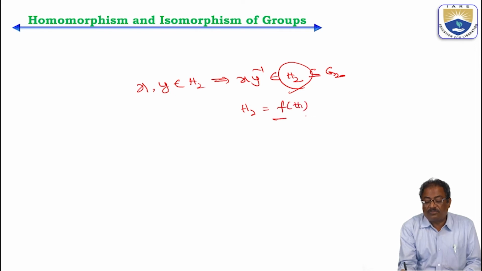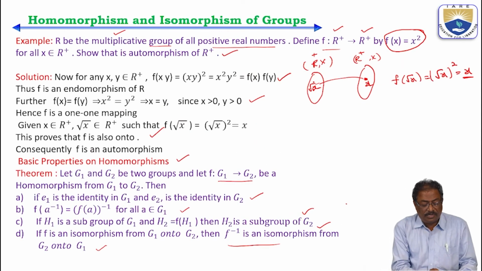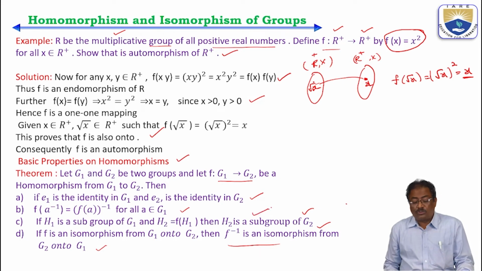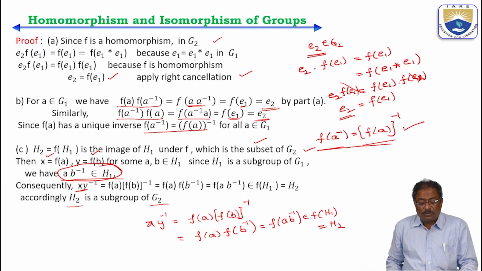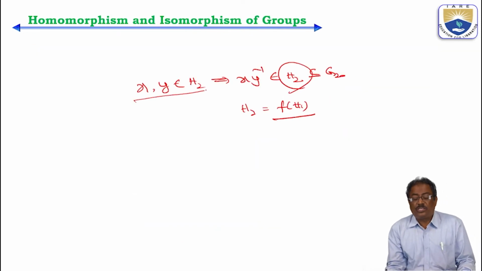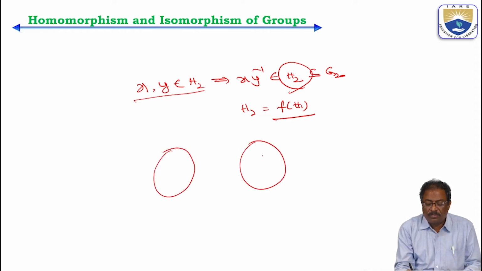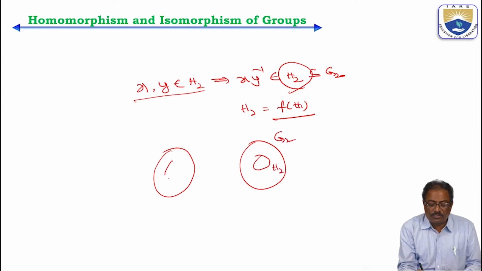So we can say that H2 is equal to f of H1, and f of H1 is a subgroup. This we have to prove. See here, H1 is a subgroup of G1, and we have to prove that H2 is a subgroup of G2. For that, we take x, y belonging to H2, where H2 is a subset of G2, and of course H1 is a subset of G1.